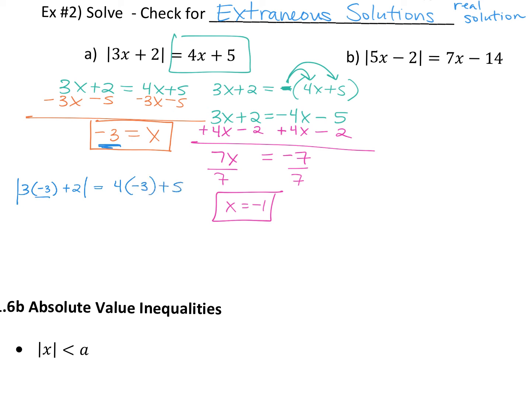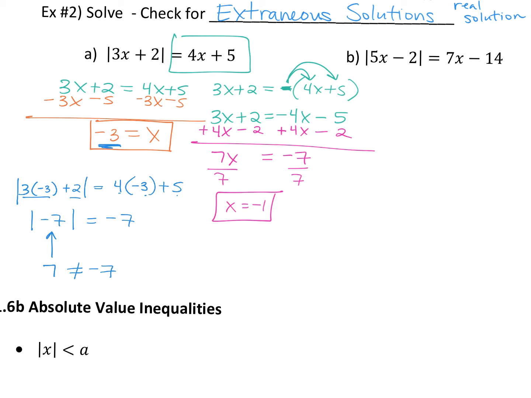Okay, simplify that. -9 plus 2 is the absolute value of -7. -12 plus 5 is -7. Is that true? No, the absolute value of -7 is +7, right? 7 does not equal -7.